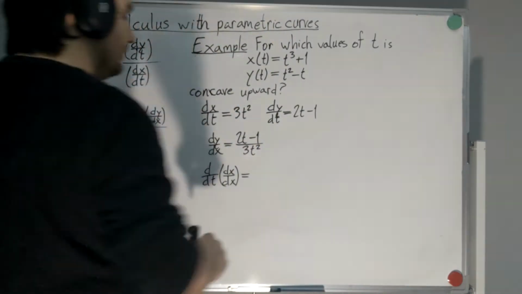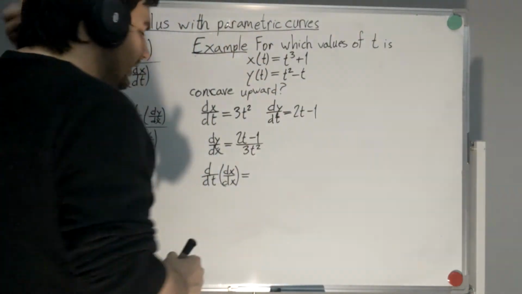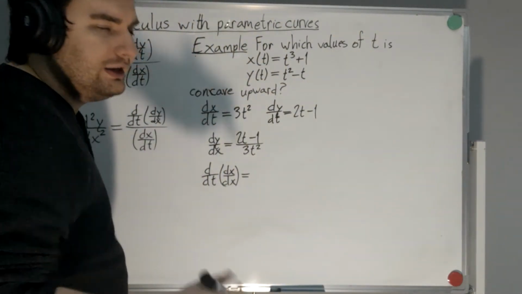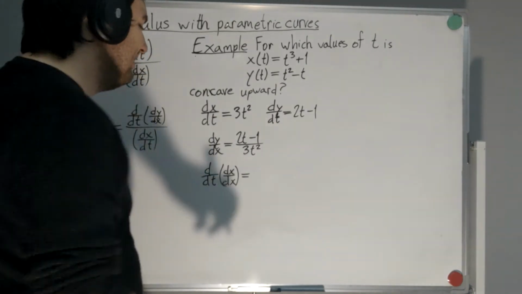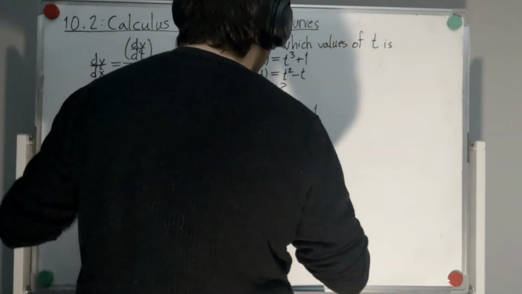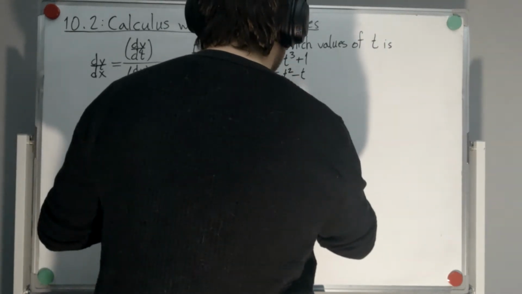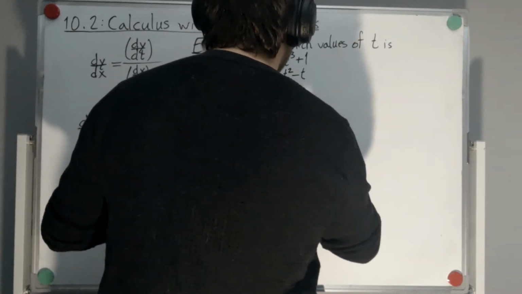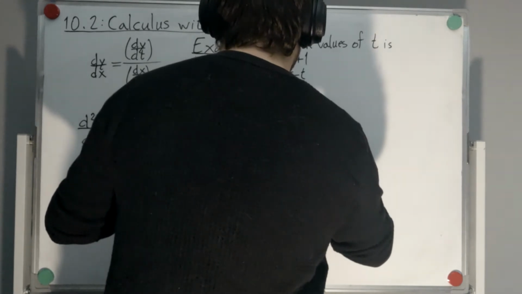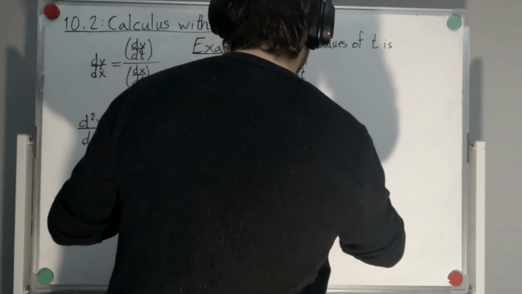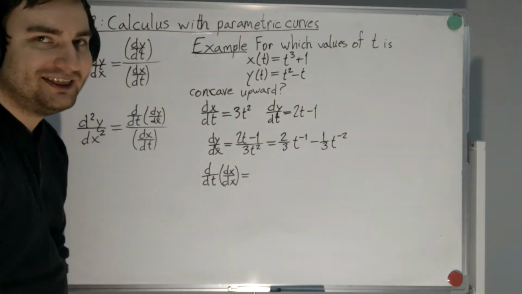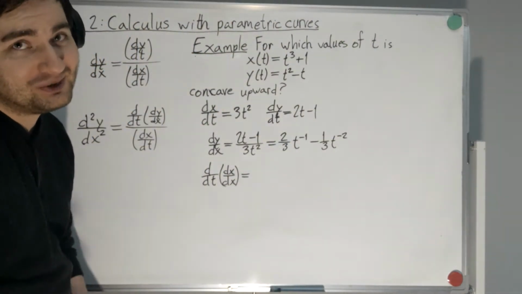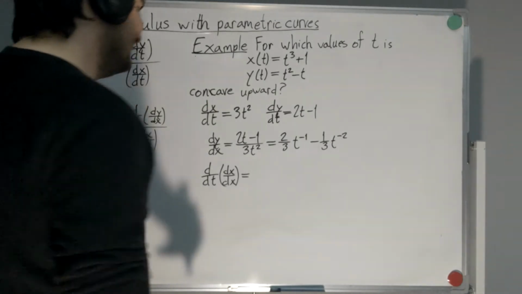Actually, I guess you can get out of doing it by the quotient rule. Yeah, we can say that this is 2/3 t to the -1 minus 1/3 t to the -2, and then if you do it like that, you don't have to use the quotient rule, you can just use the power rule.